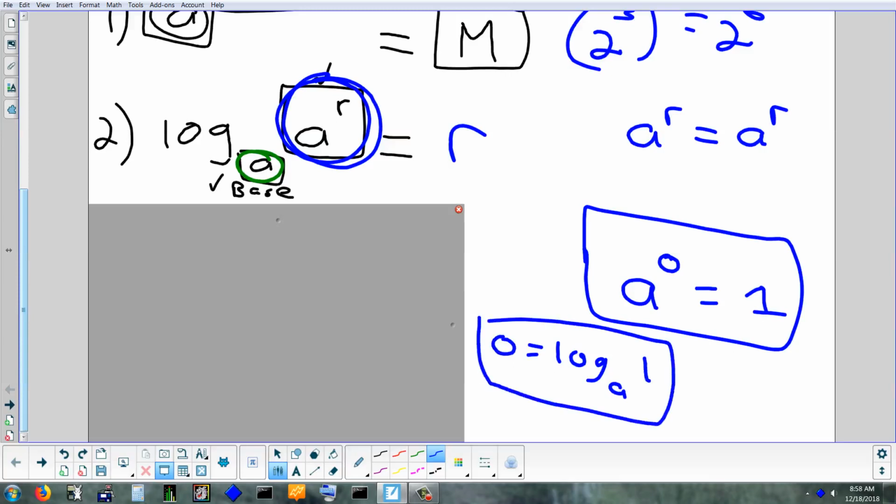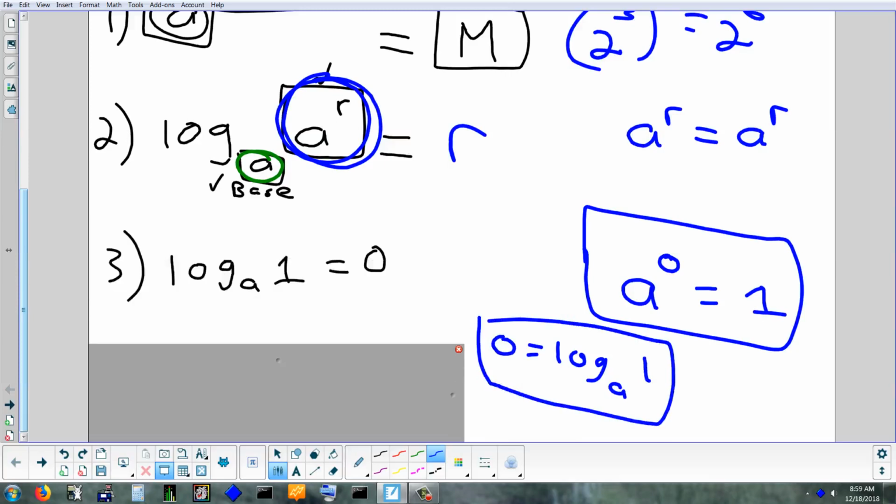That's the third property. So the third property says that if you take the logarithm of 1, doesn't matter what the base is, the answer is always 0. So what's the log of 1 base 0? What about if the base was 0? It doesn't matter. It's always 0.